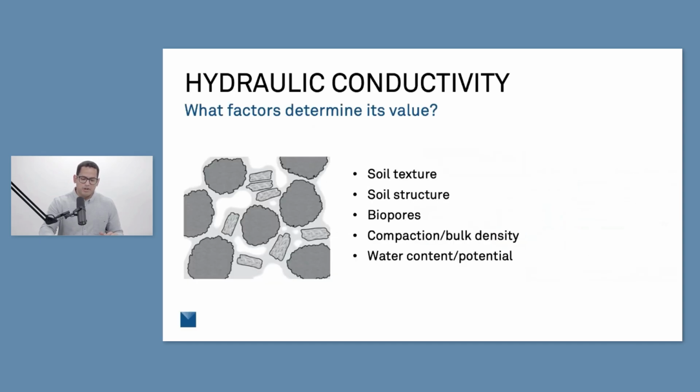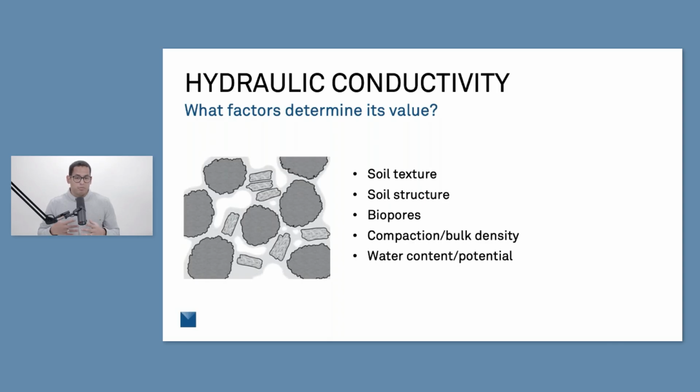But before we do that, let's talk about things that impact hydraulic conductivity. And I think that'll help us better understand why this is a good indicator of how management is impacting these properties. So some of the factors that determine hydraulic conductivity are things like soil texture, which of course is one of those inherent soil properties, but that's just a part of the picture.